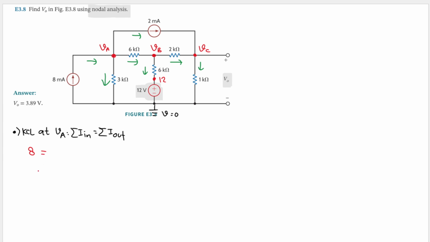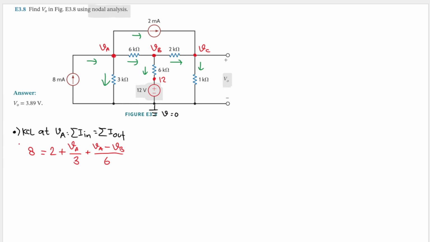And that will equal, here we have this current here, which is 2, and then plus this current here that is going down, so we'll have VA minus 0, so that will be VA divided by 3. And then plus this current here, we will have VA minus VB divided by 6. I think that's all for this node.